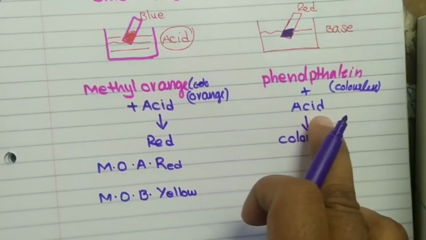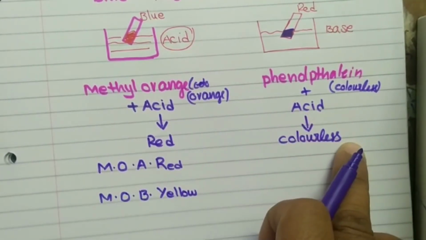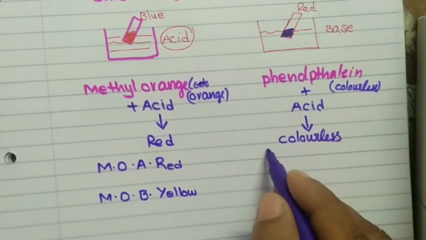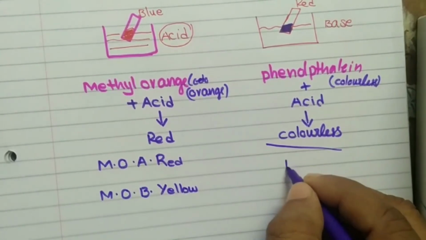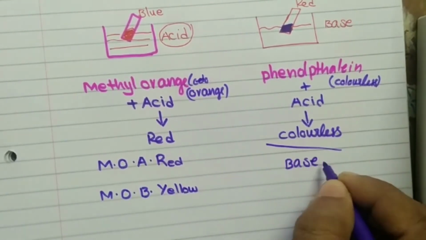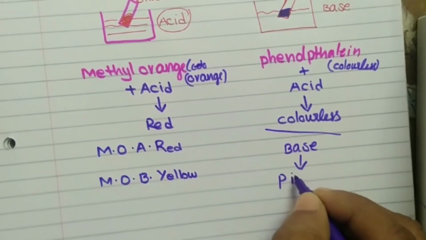So when it is added into a solution of acids, there is no change in color, it remains the same. In case the phenolphthalein indicator is combined with a base substance, it immediately changes to pink color.